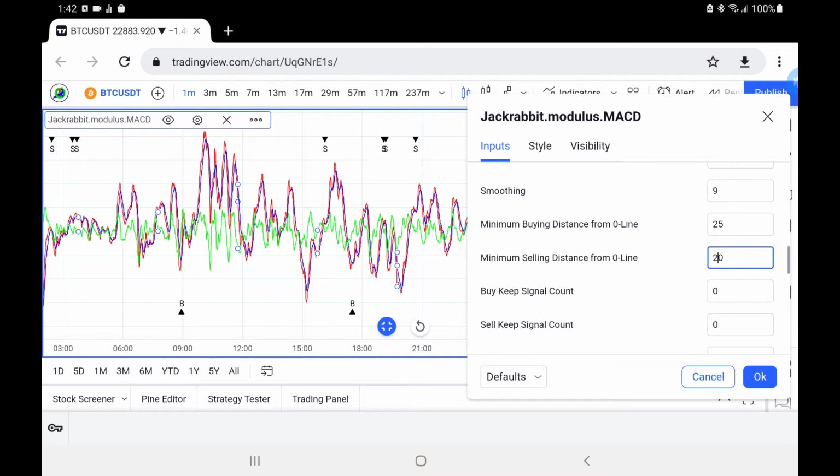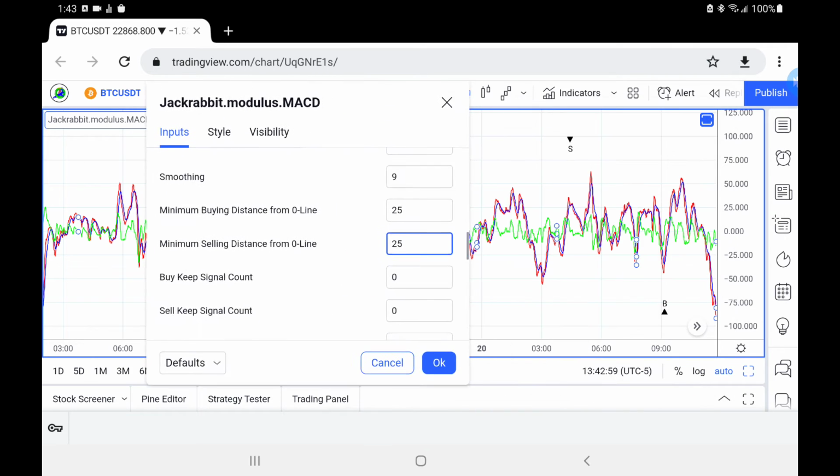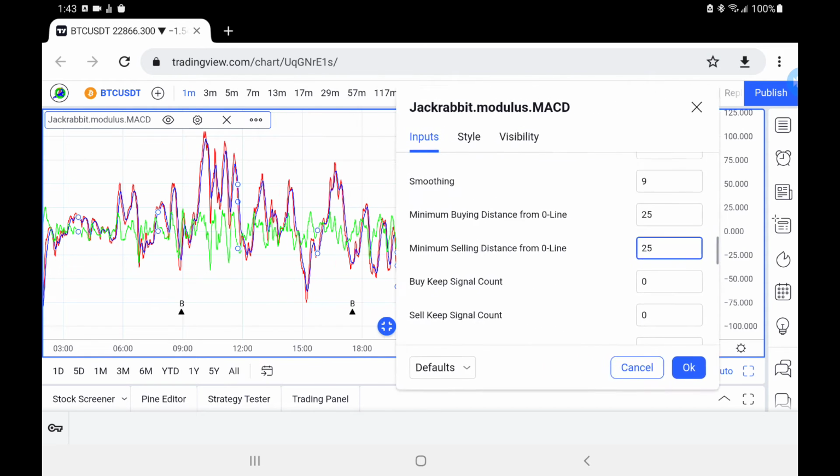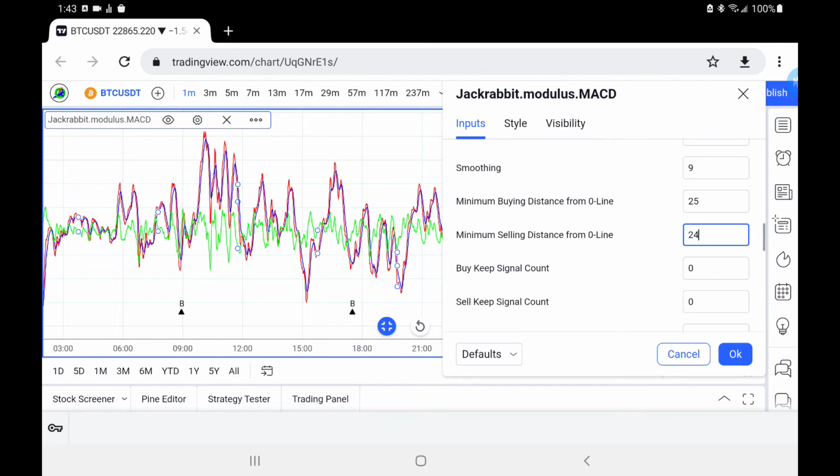Okay, we're going to set our selling to 25 just to make it easy to figure out. All right, everything disappeared except for one signal. That might be a little too repressive. So let's drop it down a little and see what happens.